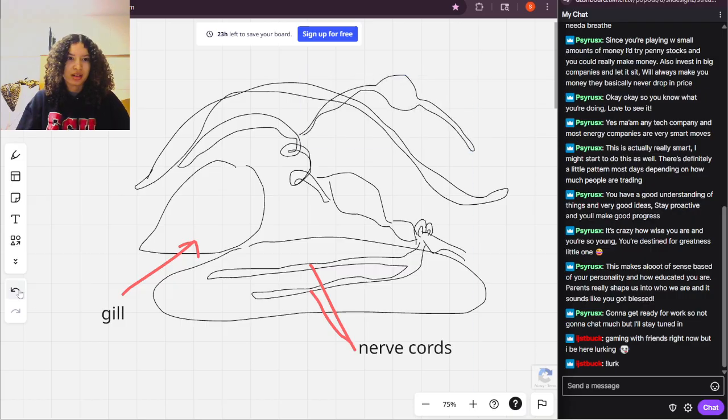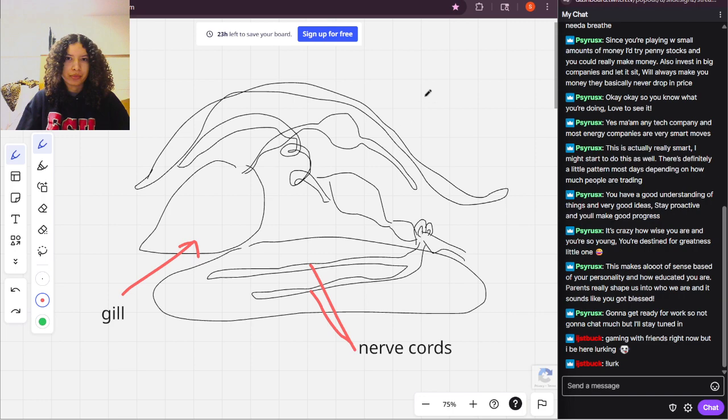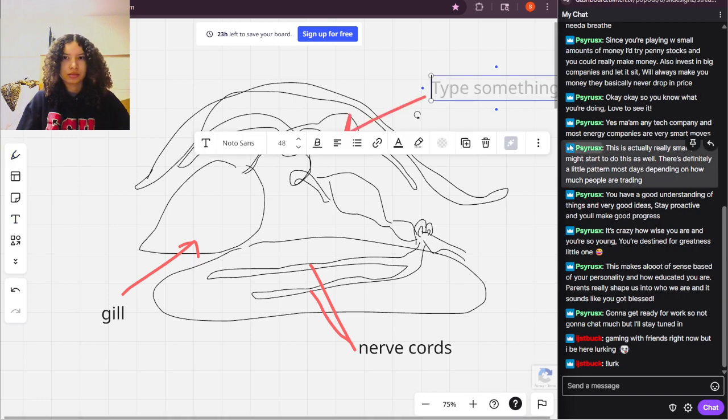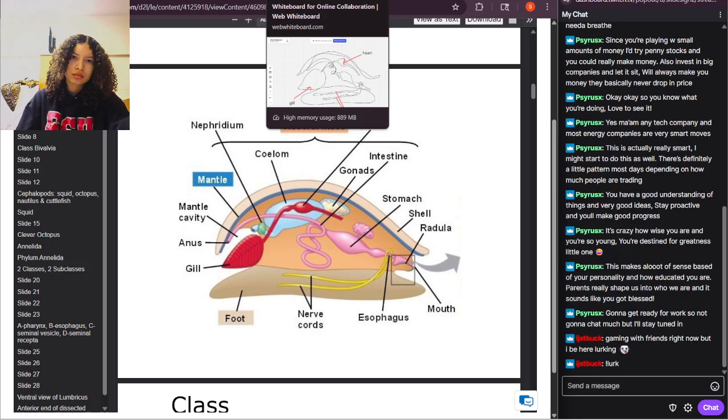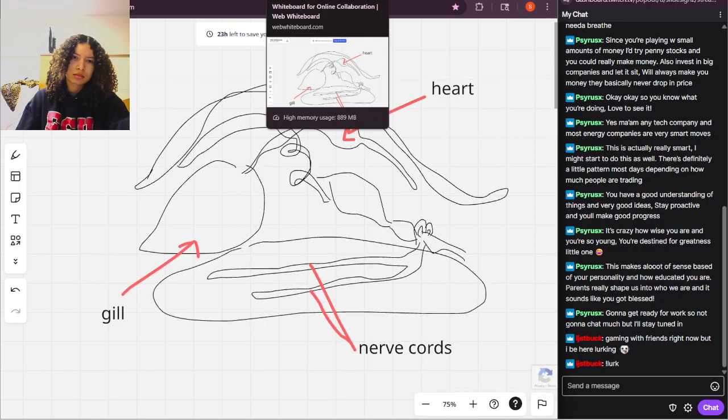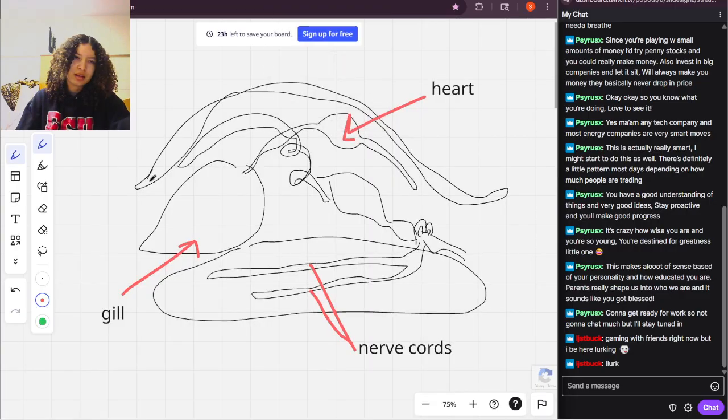Oops! This took his heart out. This is the heart. Then I guess the space in between the mantle and the gill is the mantle cavity.